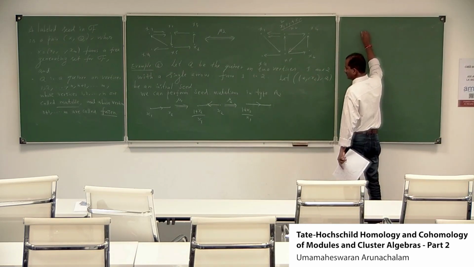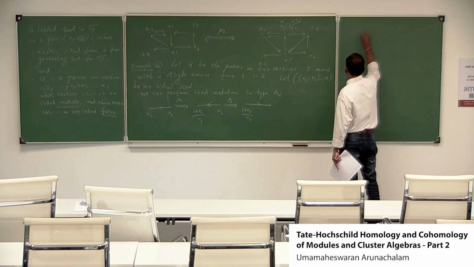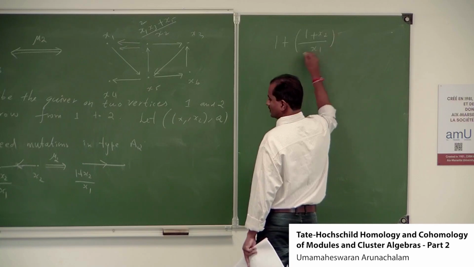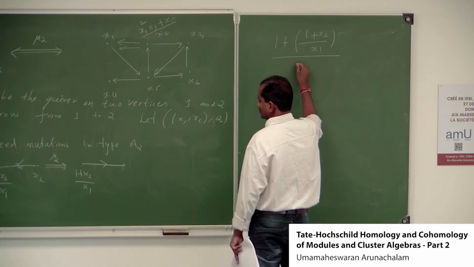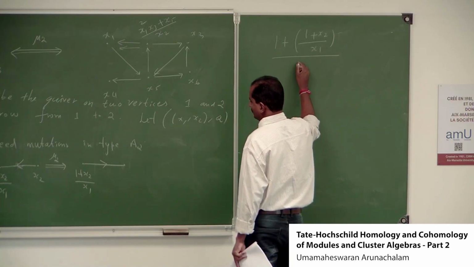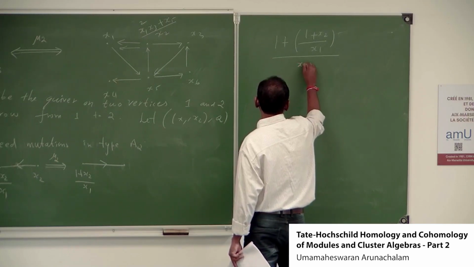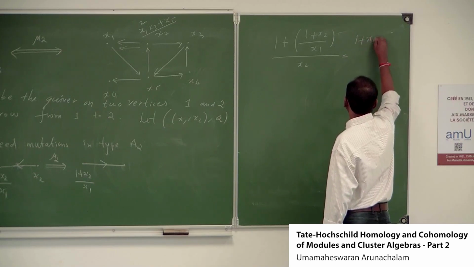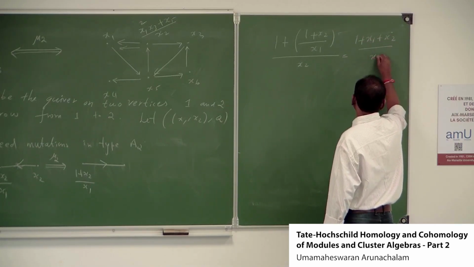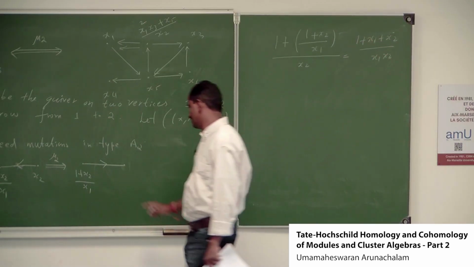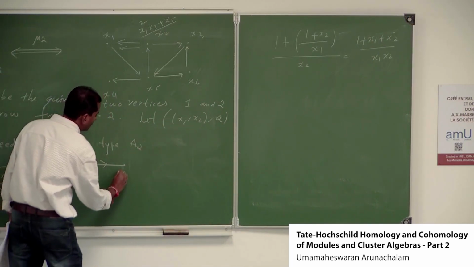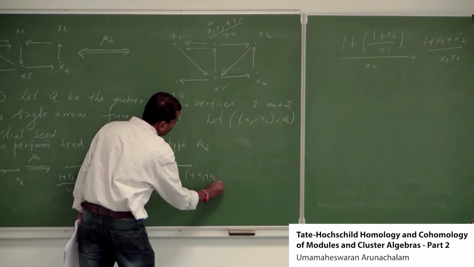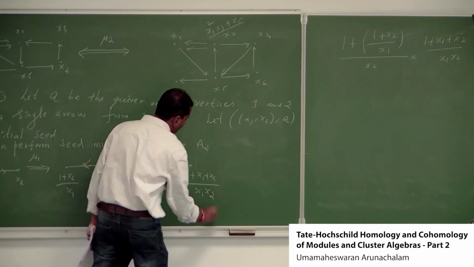Here x1 is 1 plus x2 divided by x1, divided by x2. By using this we find 1 plus x1 plus x2 divided by x1 x2. This is the new x2 here.